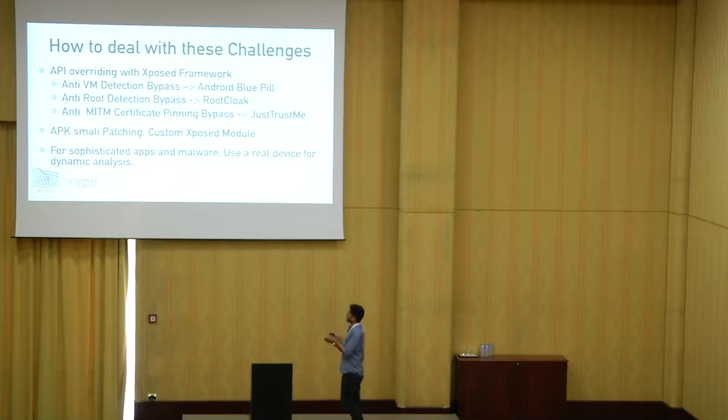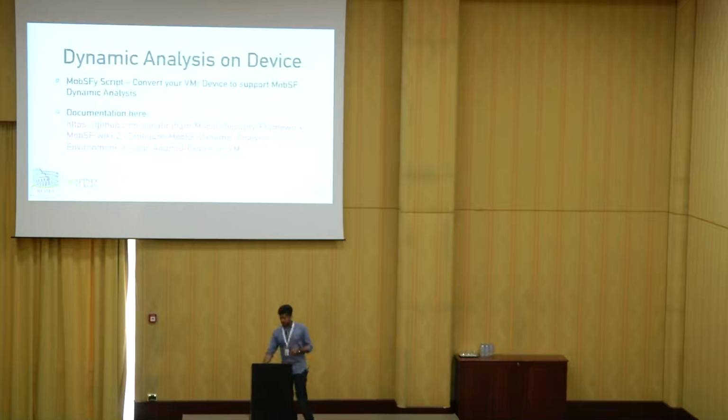If that doesn't work, you can do Smali patching, or write your own custom Xposed module. For sophisticated malware, there are sophisticated methods to detect whether it's a VM or root, so in that case you have to use a real device. Mobile Security Framework also supports real devices. You can run the MobSF script to start analysis on a real device. Okay, so that's the dynamic analysis.